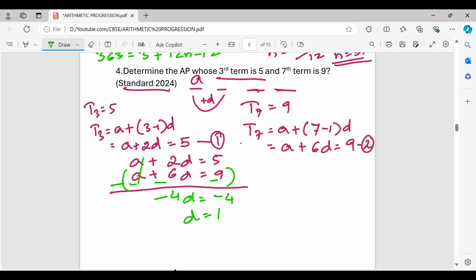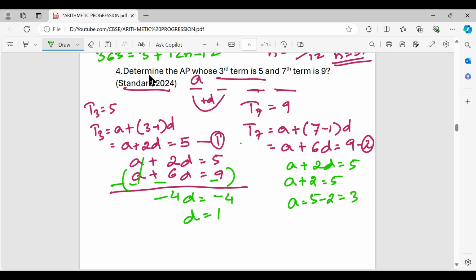It's easy to get the value of A now. We can substitute it in any of these. So let's say A plus 2d equals 5, and A plus 2 into 1, that will be 2, equals 5, and then A equals 5 minus 2, that is 3. So we got the value of d and we got the value of A both.